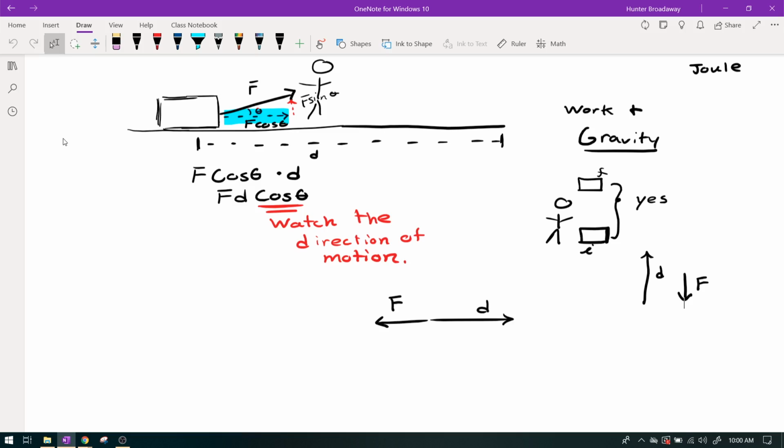It should say -1. If you type in the cosine of 180 degrees, you should get -1. It never hurts to double check. So if we do force times distance, the pen may have decided to die out on me. So force times distance, there it magically goes.